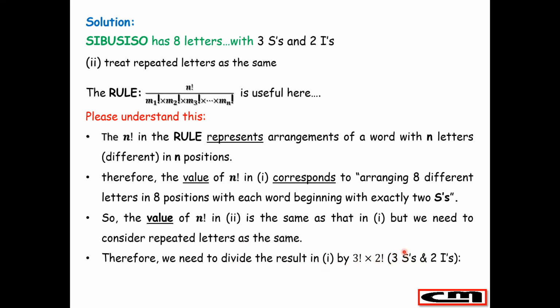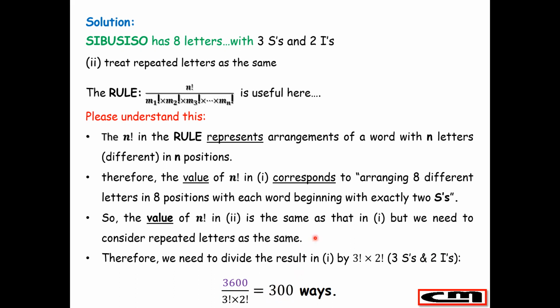The 3 factorial representing the 3 S's we have, and the 2 factorial representing the 2 I's we have, resulting in 3,600 over 3 factorial times 2 factorial, which gives 300 ways.